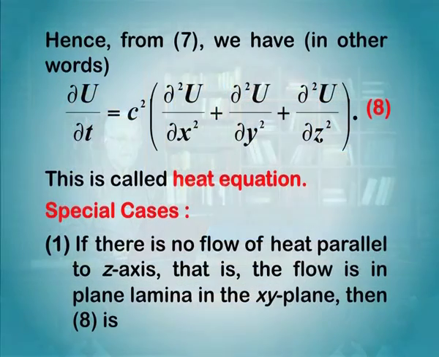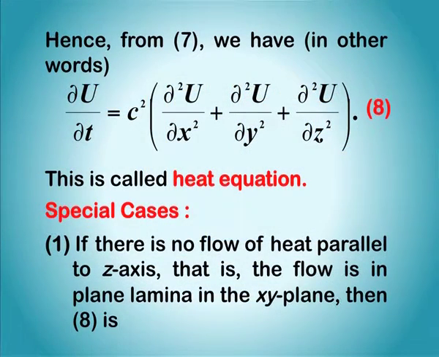We go further and here we write, hence from this equation 7, in other words du dt is equal to c square, then we have second order derivatives here, d2u dx square, d2u dy square and d2u dz square, three dimensional, and so we call it equation 8.